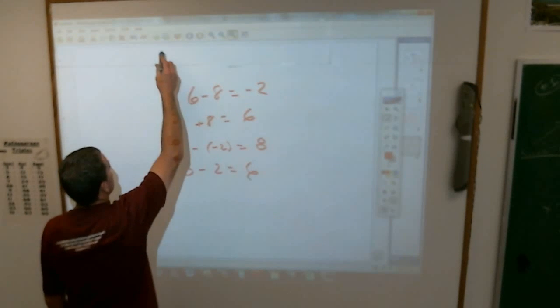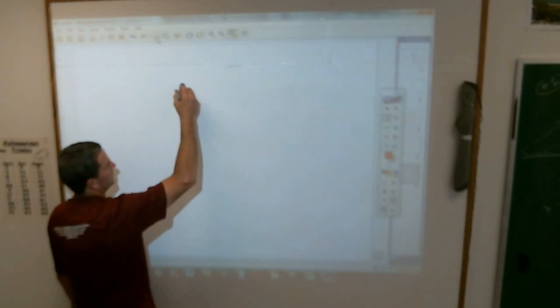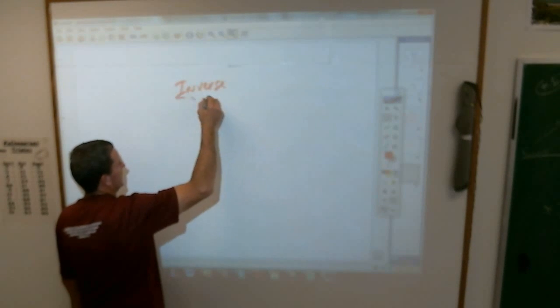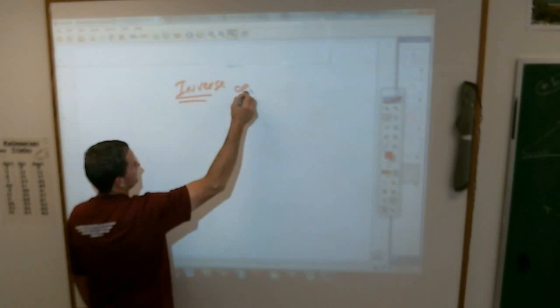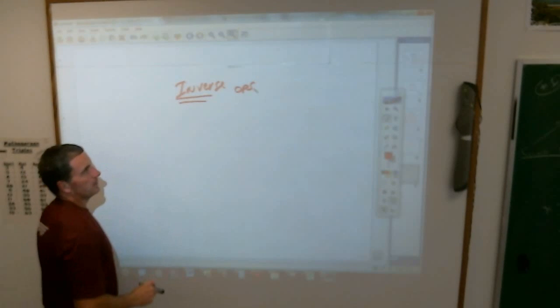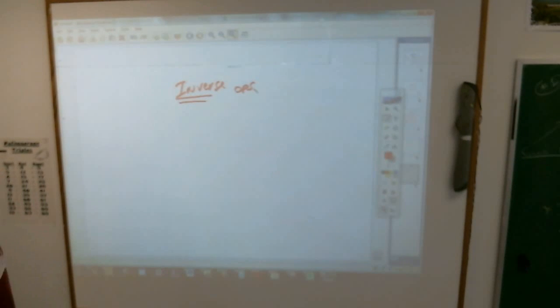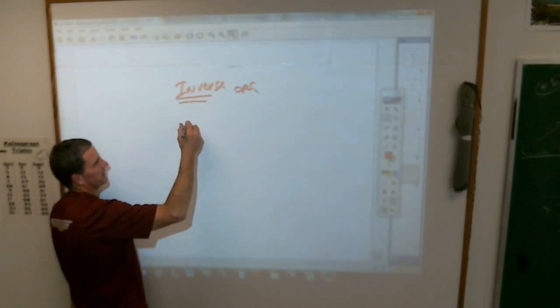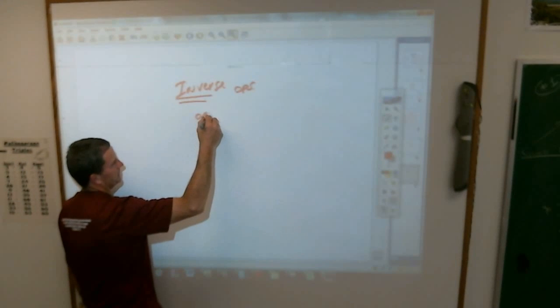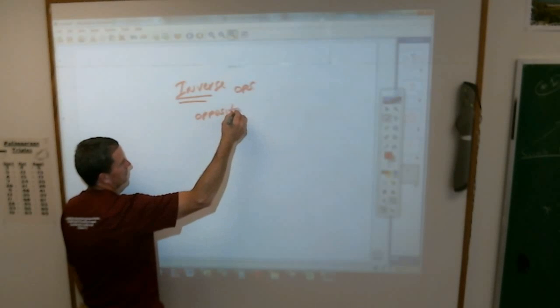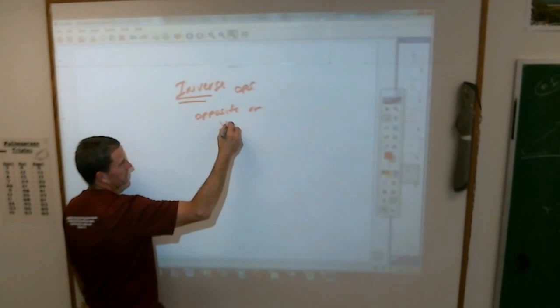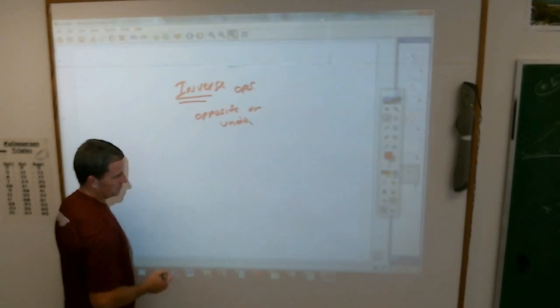And the last one, you can just write down here, is called inverse operations. You see that word inverse? Inverse operations just mean operations that are kind of opposite or they undo each other, which just means this.